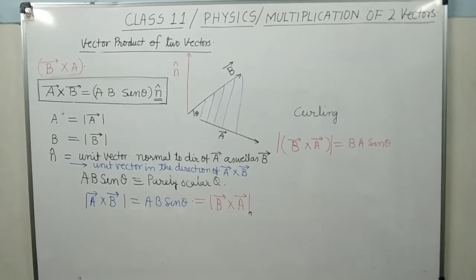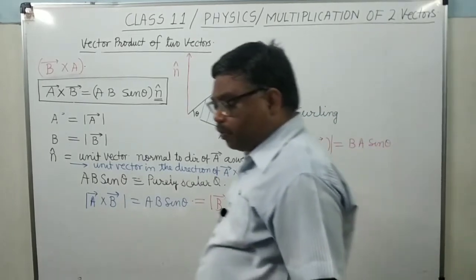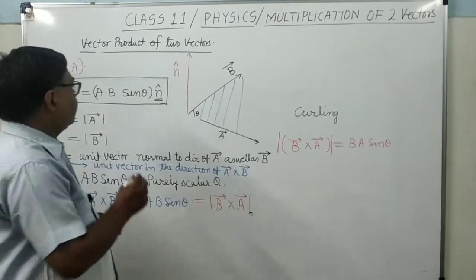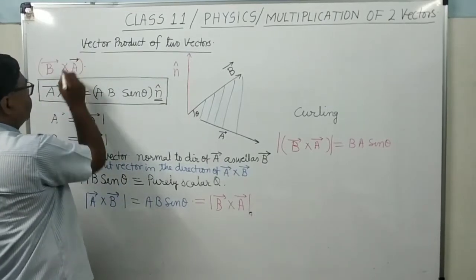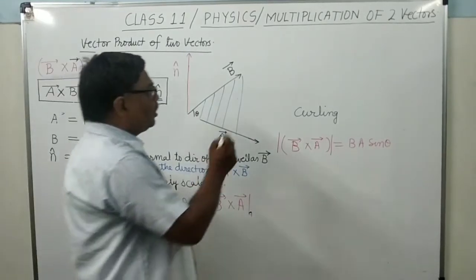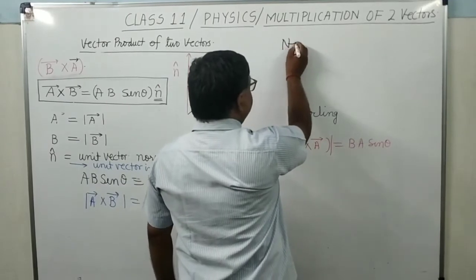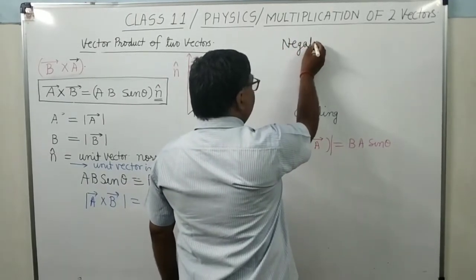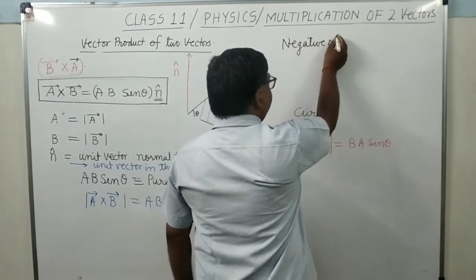So their directions are opposite to each other. Though their magnitudes are the same, what will you say about them? You will say that both are opposite to each other, both are negative of each other. As I have already told, negative of a vector means the negative of a vector.